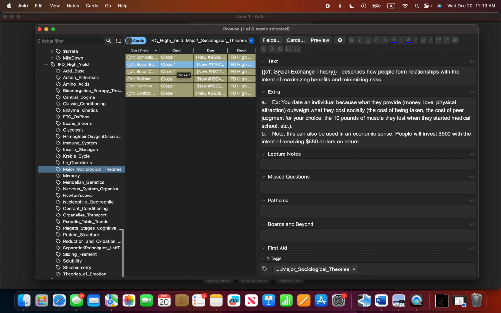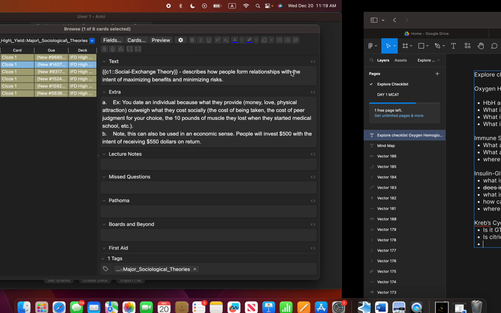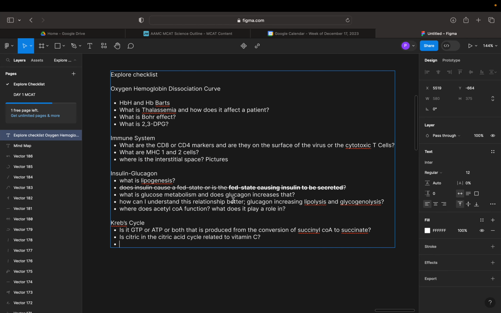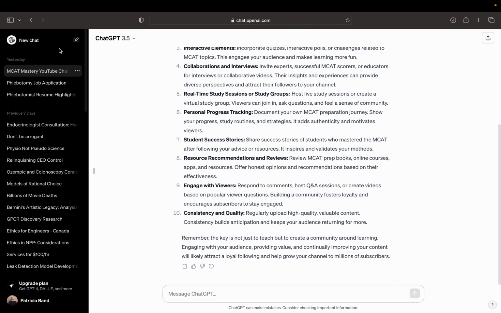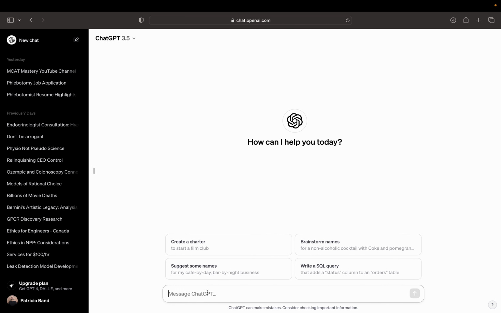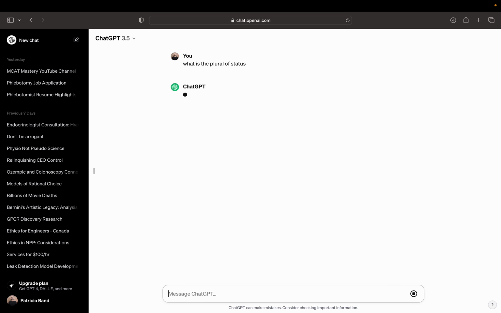We have social exchange theory. I'm assuming here that we all, coming from social, exchange statuses, stati, whatever the plural of status is. Actually, side note, what is the plural of status?